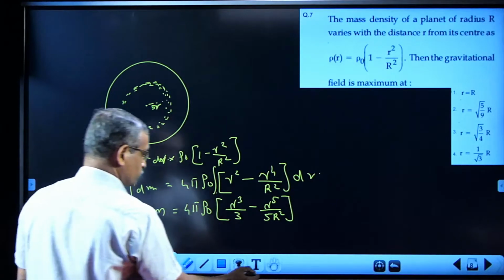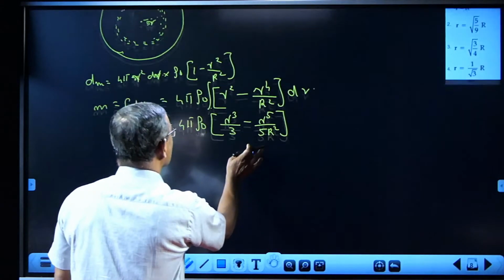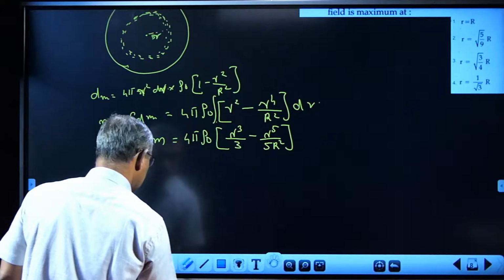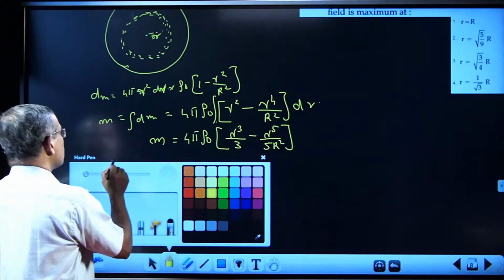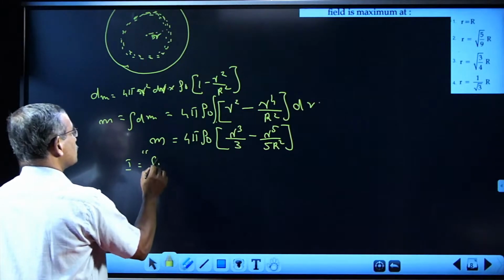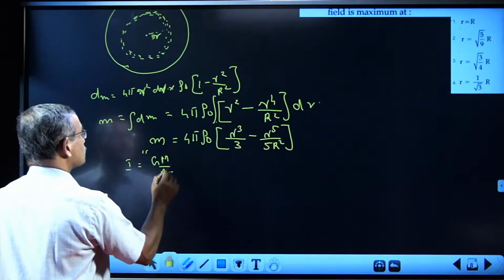The gravitational intensity I is given by the basic formula, G m by r squared.